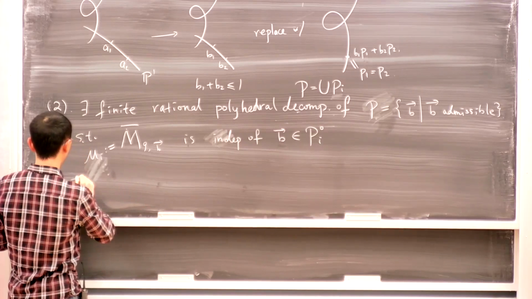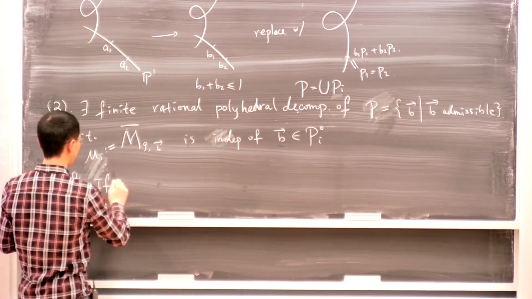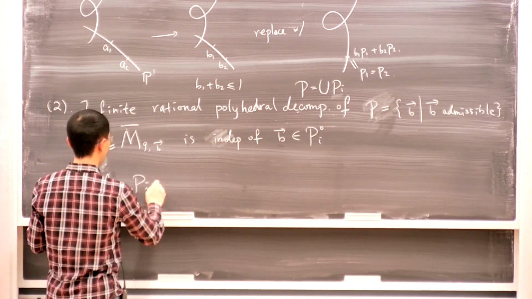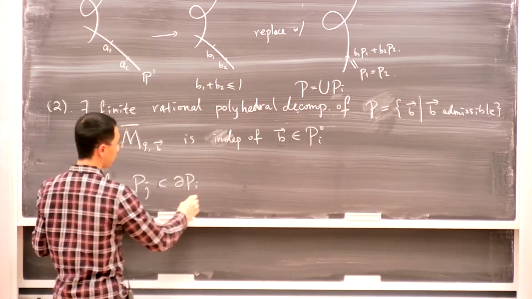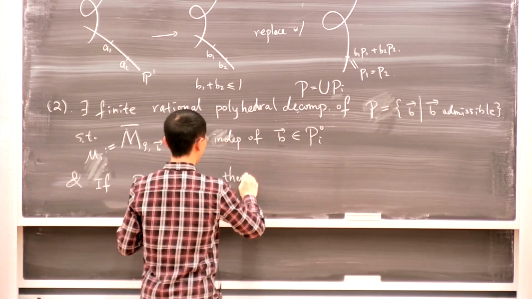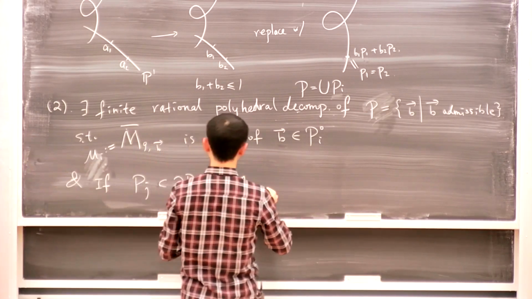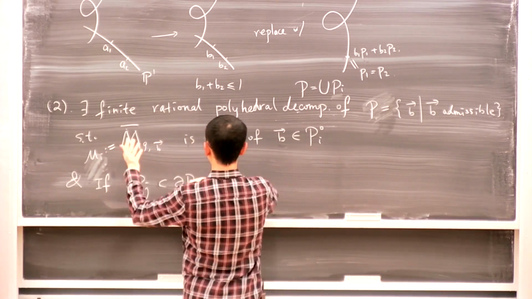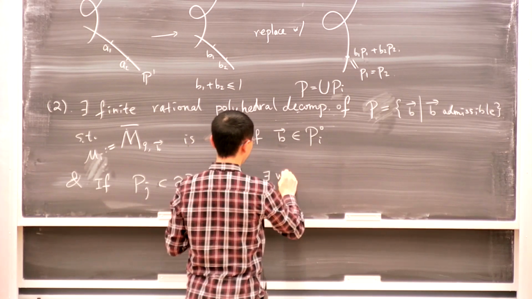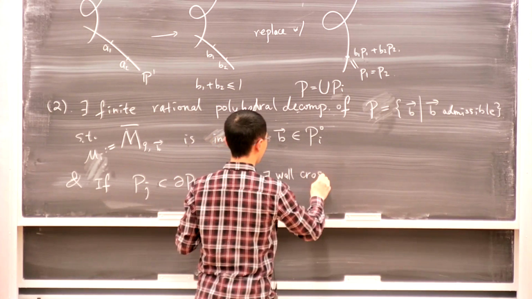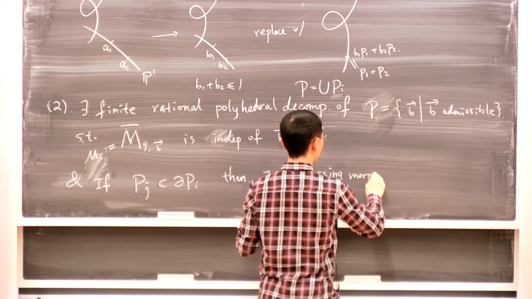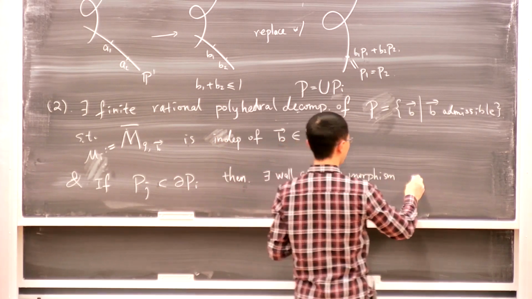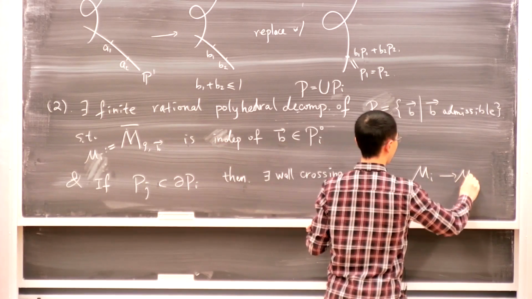So if, let's say, Pj is a face of Pi, then again there's a similar morphism that compares two different moduli spaces. Then there exists a wall-crossing morphism from Mi to Mj.